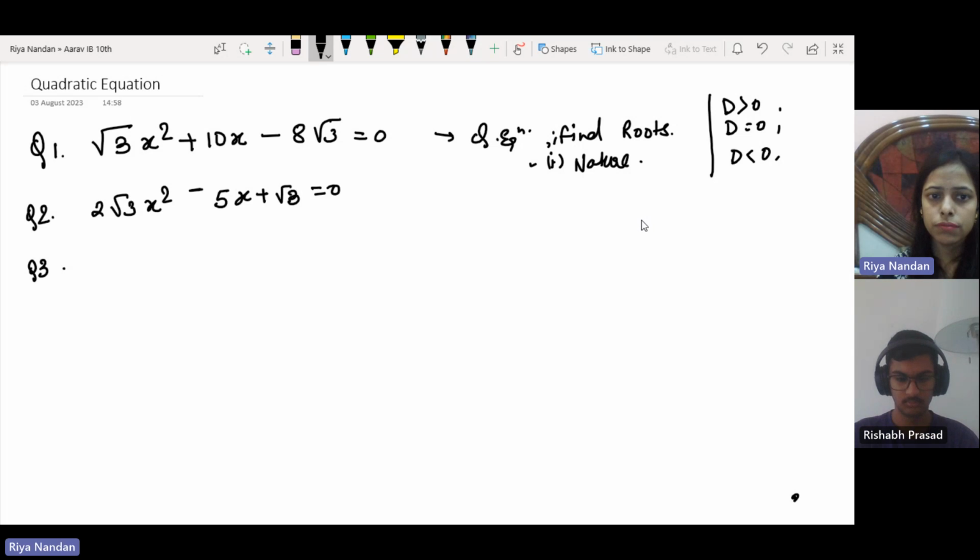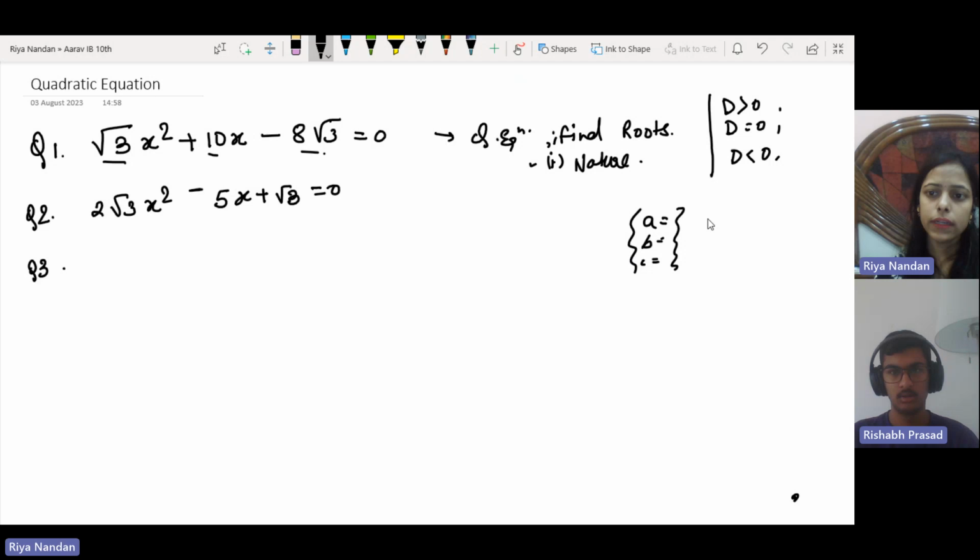In your examination, your test, you have to write what is A, what is B, what is C. But as you know, by seeing this equation, you already know what is A, what is B, and what is C. So in each and every question, no need to write those values. Just write down the formula, solve the roots, find the nature of roots, and then the quadratic equation.